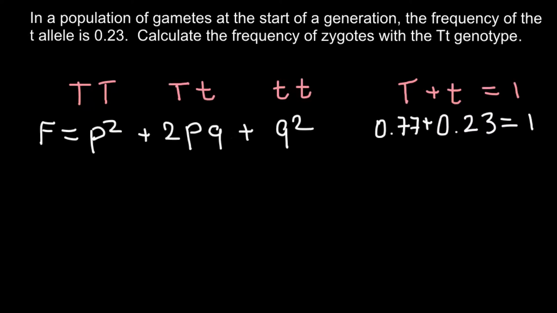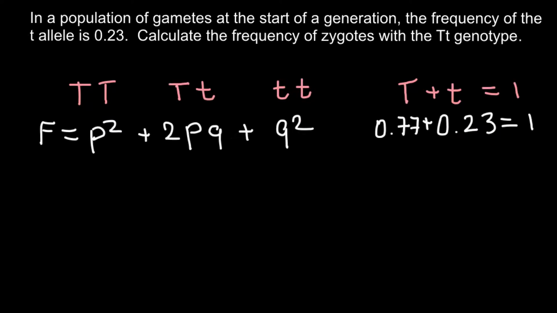As you see, p squared is p multiplied by p, or T multiplied by T, and heterozygous genotype in our formula is represented by 2pq, and homozygous recessive genotype is represented by q squared, or t multiplied by t.